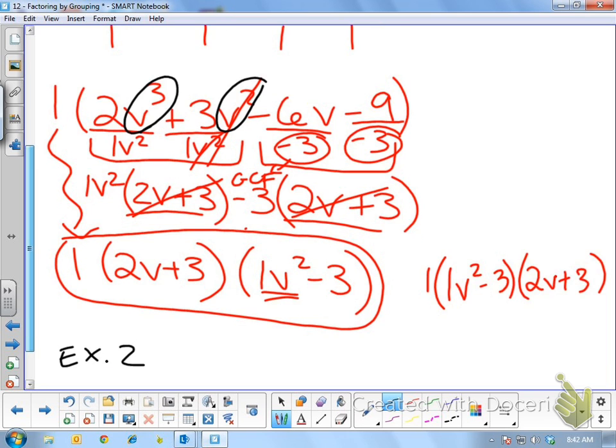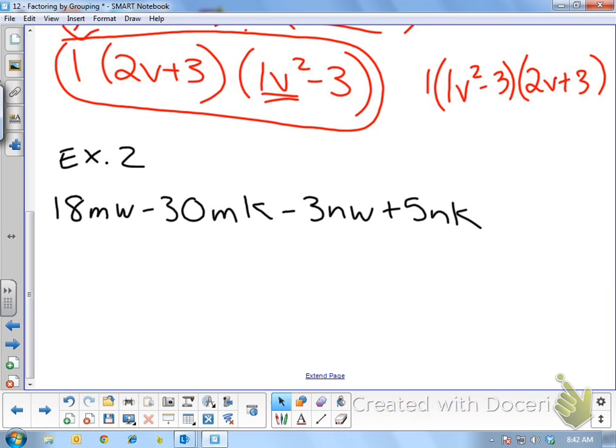Okay, last example. There are some weird variables in this example, but it's still the exact same process. Write down this last example: 18MW minus 30MK, that is a K, minus 3NW plus 5NK.